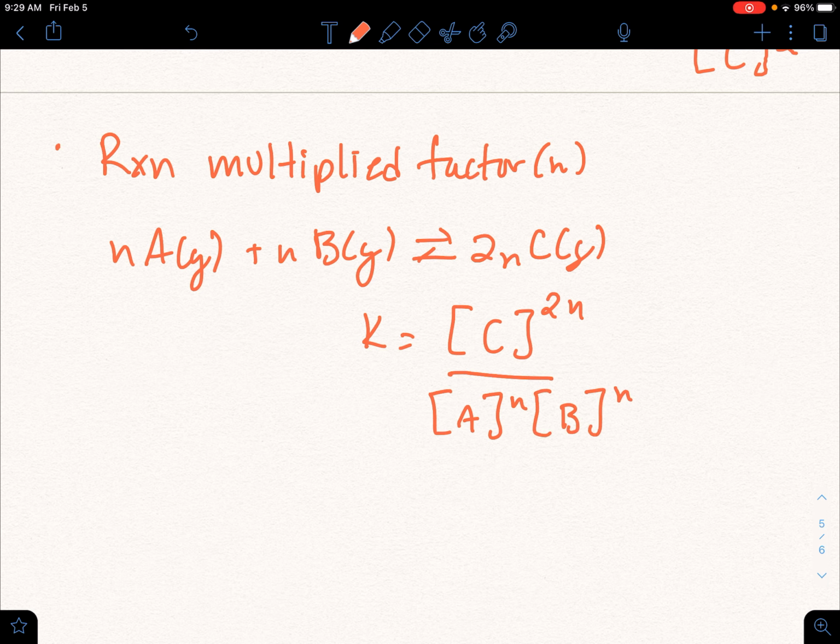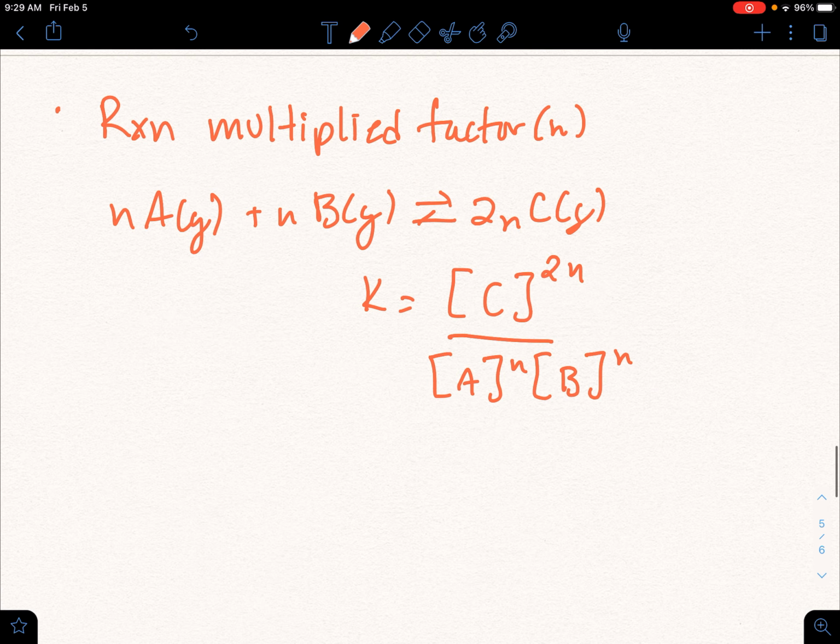You're multiplying by that coefficient, right? It's just going to give you K raised to whatever that factor is in this case.